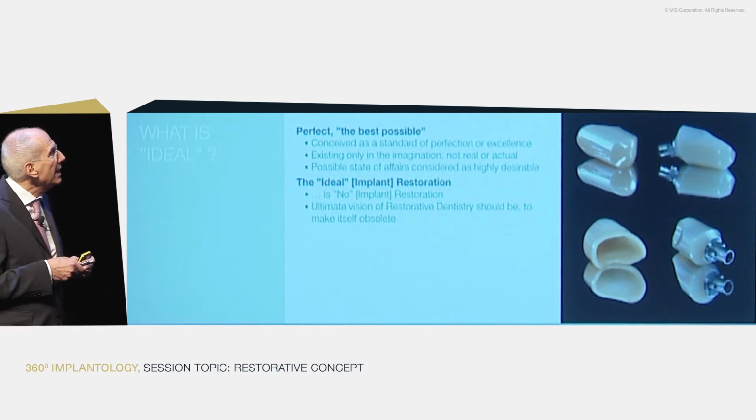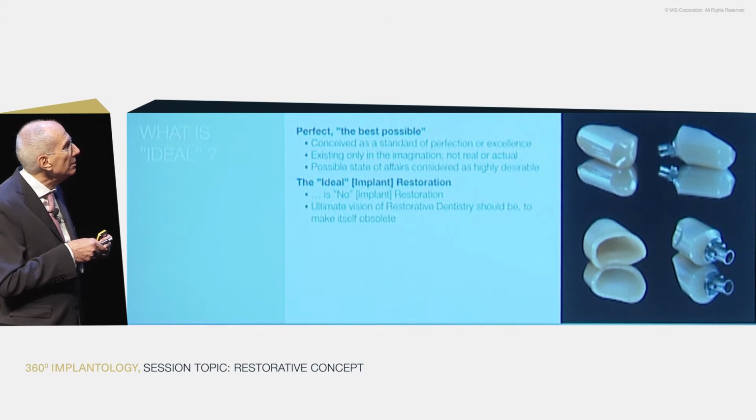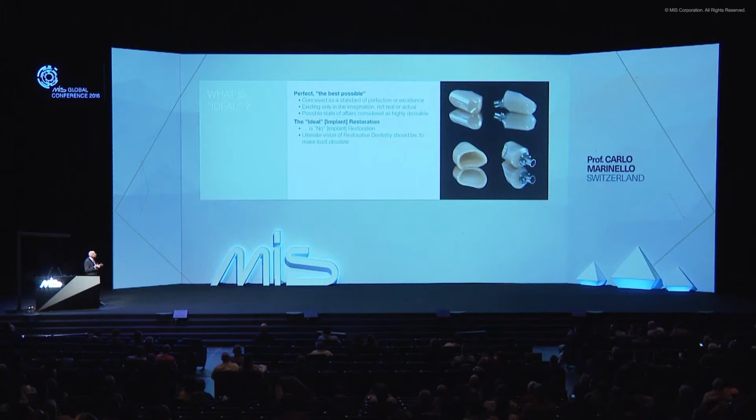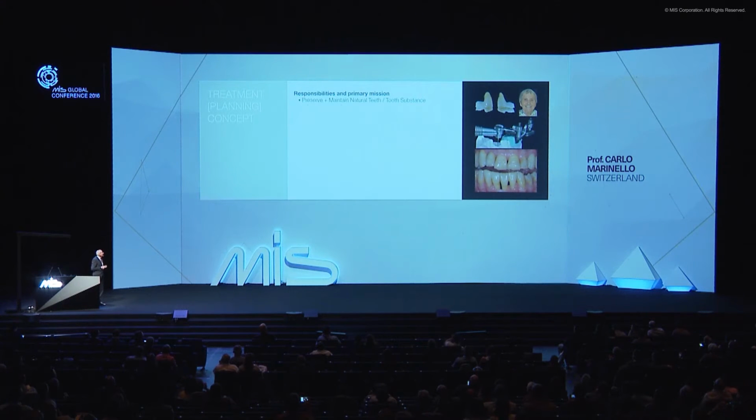So at the end, as a prosthodontist, our ultimate vision should always be that we make ourselves obsolete. It sounds very strange in an implant meeting, but in the background we always have to remember that. Having this as a base, there should be a certain mission.